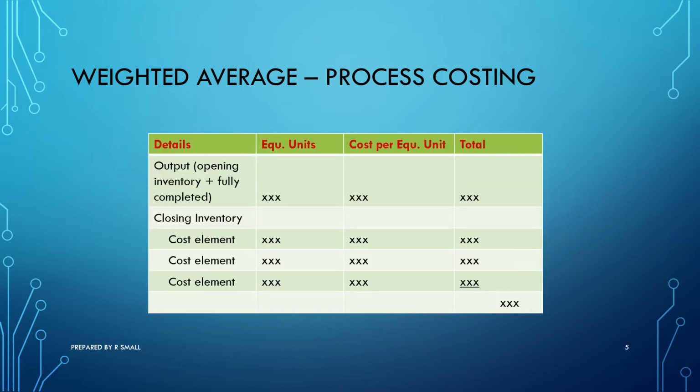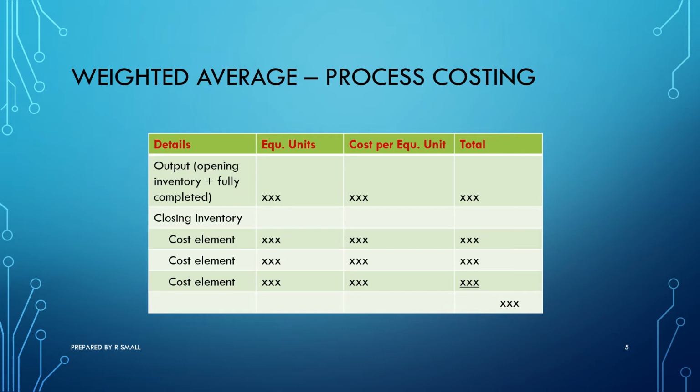So here is a look at the weighted average cost table, which we use to calculate the value of our inventory. You see here at the beginning we have the output, which is your opening plus your fully completed, and you get a total, and then you do the closing for each cost element.